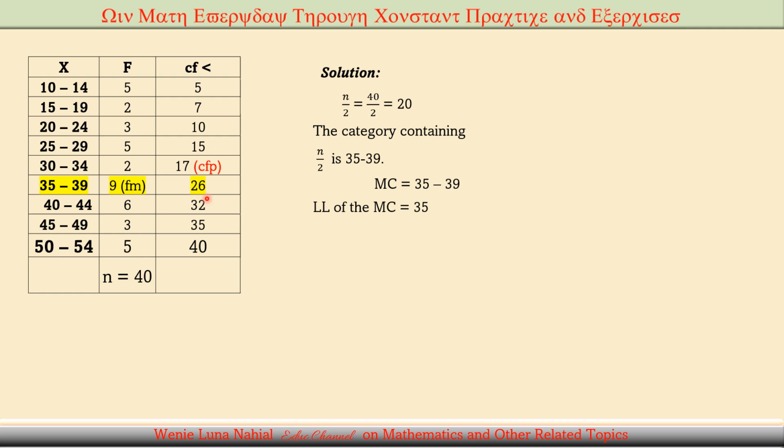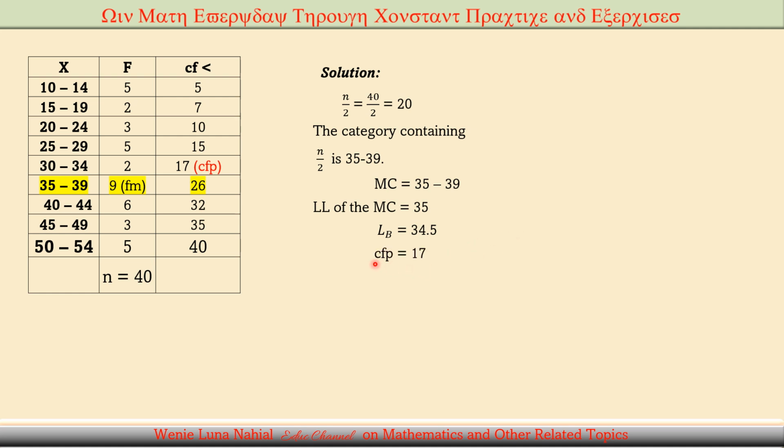Then the lower limit of the median class is 35. Then the lower boundary. So remember, to get the lower boundary, you have to subtract 0.5 from the lower limit. Since the lower limit is 35, subtract 0.5 and you get the lower boundary, which is 34.5.